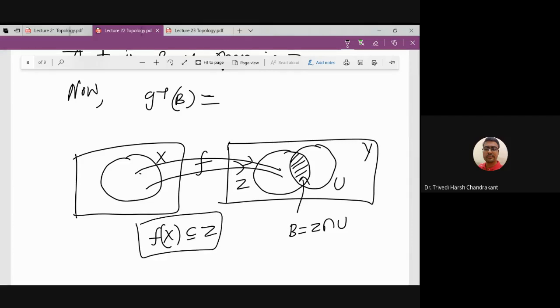Because f of X is a subset of Z, we can easily observe that G inverse B is nothing but f inverse U, because f of X is entirely contained in Z. If I take the inverse image under G, then G inverse B is basically f inverse B, and f inverse B is f inverse of Z intersection U, right? So what I will get is basically f inverse U.